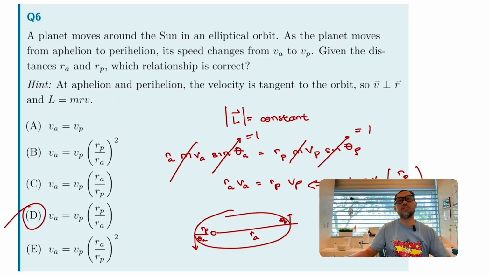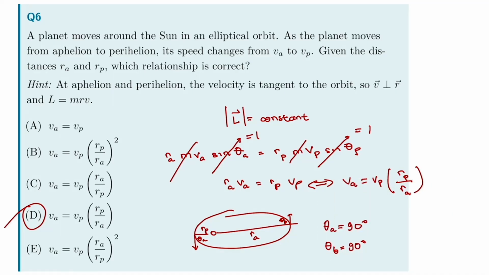Let me remove myself. Apologize for that. One critical point is that theta A and theta P are perpendicular to the lever arm.